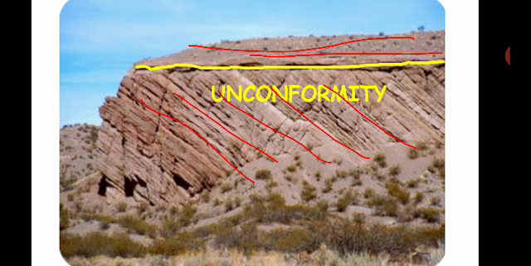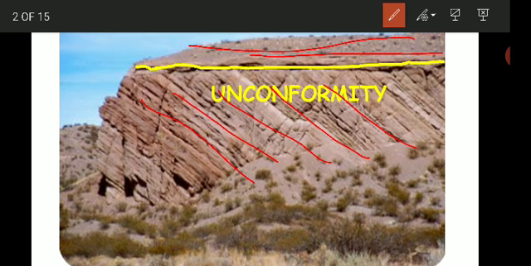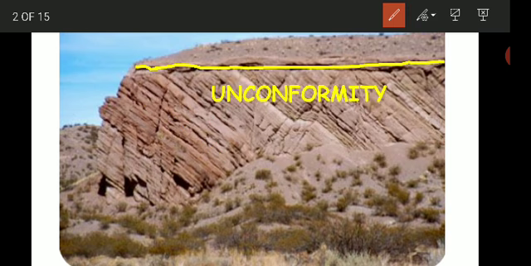Once again I will go back to that image and repeat the definition. So here, what is unconformity? Unconformity is defined as this surface of erosion or non-deposition. Let us first understand what has happened.